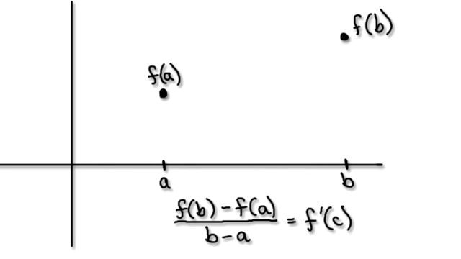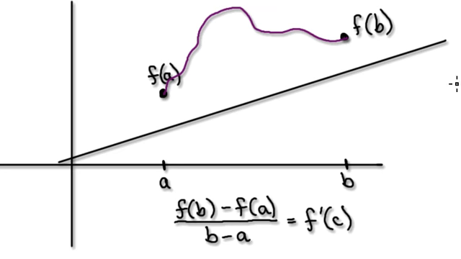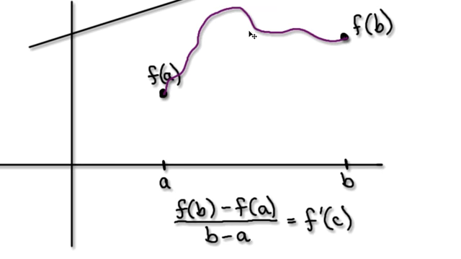So no matter what function you draw, it's like me asking you to draw a function that crosses f of a and f of b. If you try and do something like this, there must exist a point somewhere between a and b where the gradient of the actual function would be the same as the average gradient.